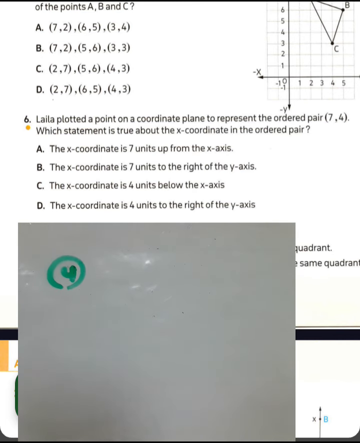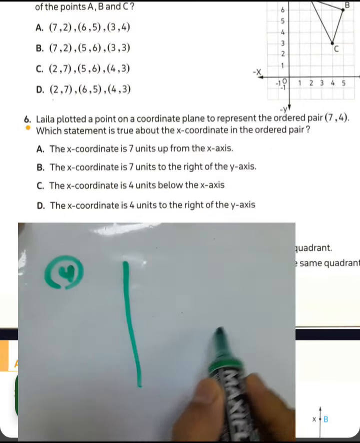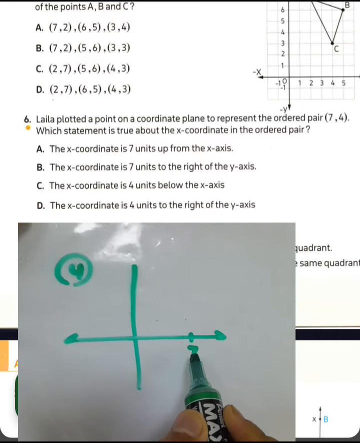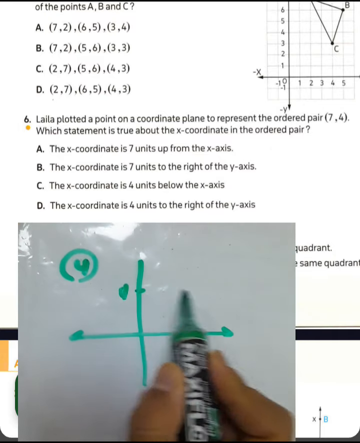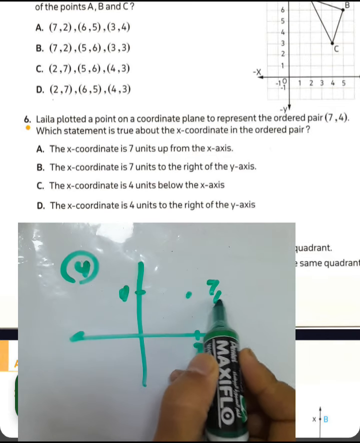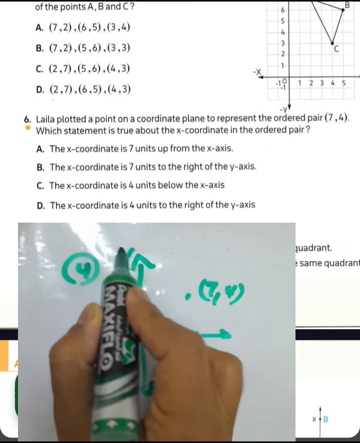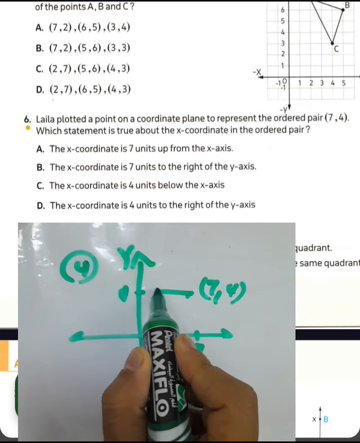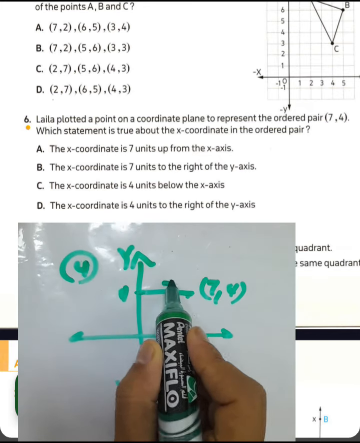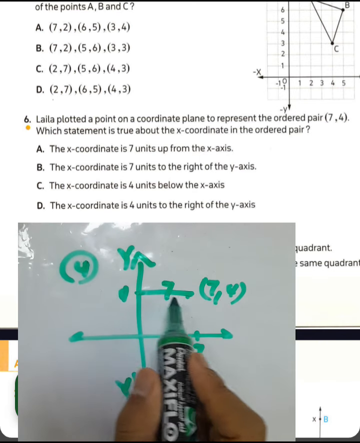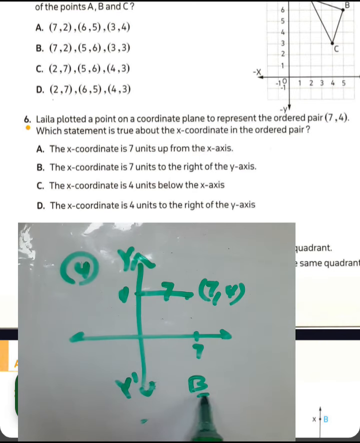I will put the point in the coordinate plane here. We have (7, 4), this point. The distance between point (7, 4) and the y-axis, we have 7 units. Okay, so we must choose letter B.